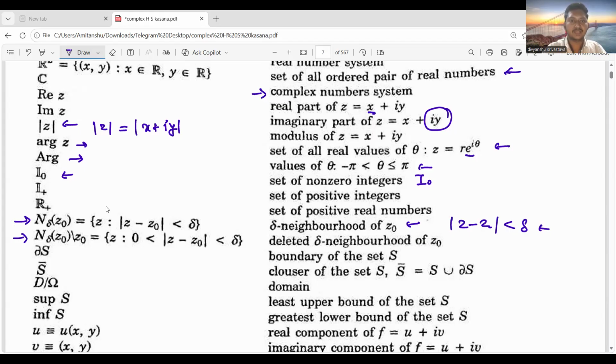Here is also the deleted delta neighborhood of z0. These two things will help you solve some complex number questions, CSIR NET problems. And the boundary of the set S is denoted by delta S, and S bar is the closure of the set S.